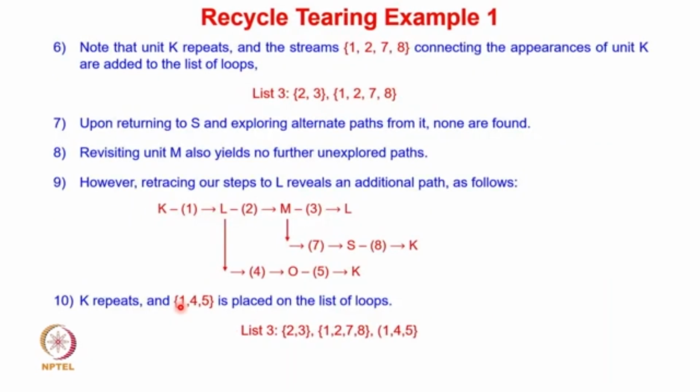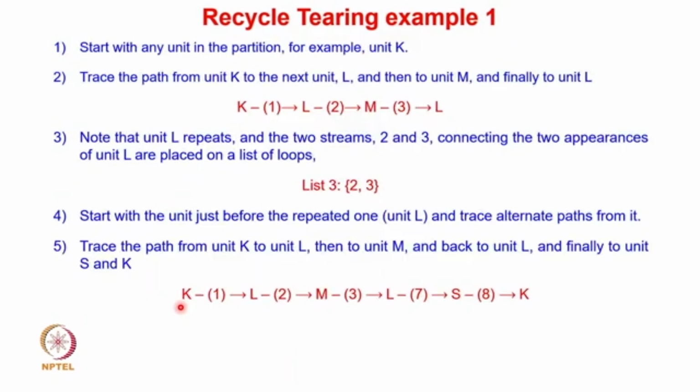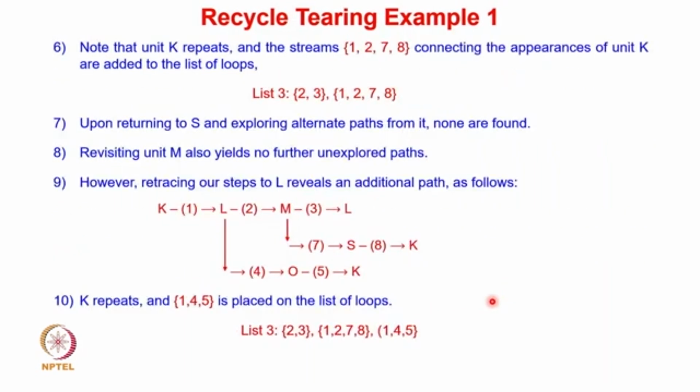So in list 3 I will have what are the streams here, in between 1 2 7 and 8, isn't it? So 2 3 we have done. So 1 2 7 and 8 becomes the second loop here. So note that the unit K repeats, and the streams 1 2 7 8 connecting the appearances of unit K are added to the list of the loops. So that becomes 1 2 7 8.